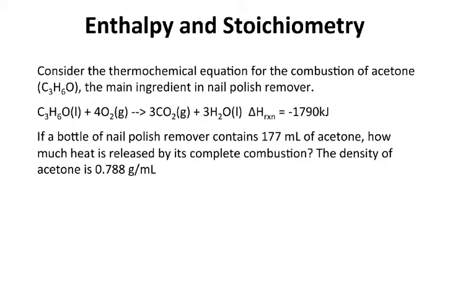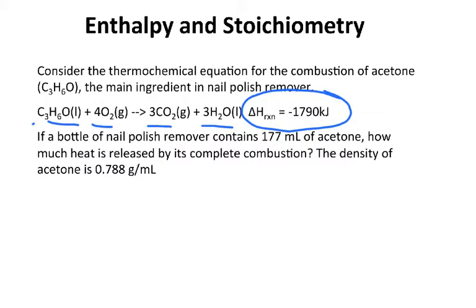All right, so let's look at an example of this. So we have the combustion of acetone, right, which is the main ingredient in nail polish remover. So acetone plus oxygen yields carbon dioxide and water. We have an enthalpy for this particular reaction. It's negative 1,790 kilojoules.